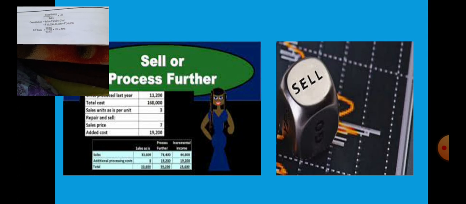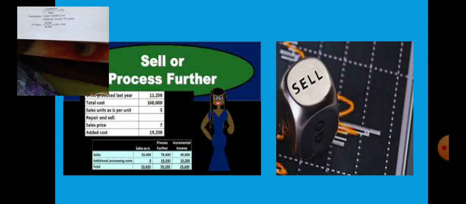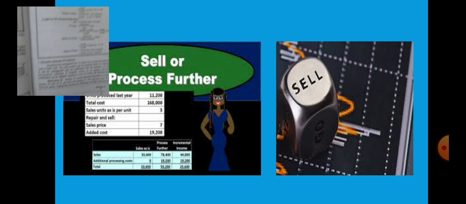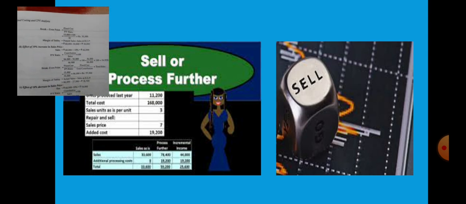The formula for contribution is sales minus variable cost. Sales is given and variable cost is given. 60,000 minus 30,000 gives you 30,000, which is contribution. Now we know contribution and sales, so PV ratio is 50%.